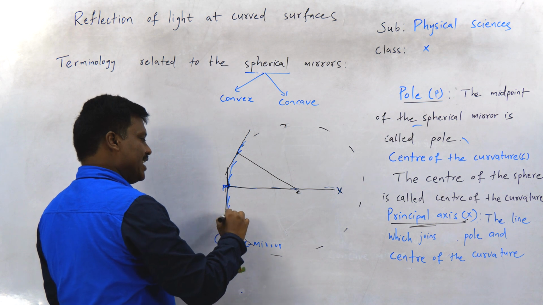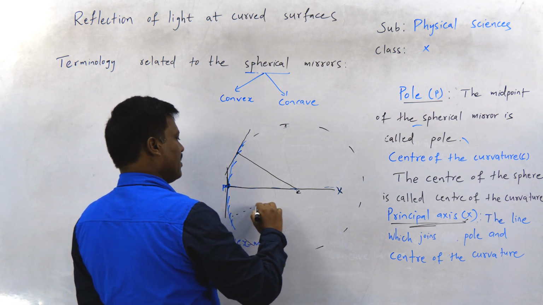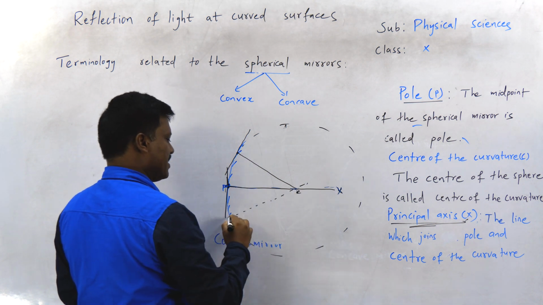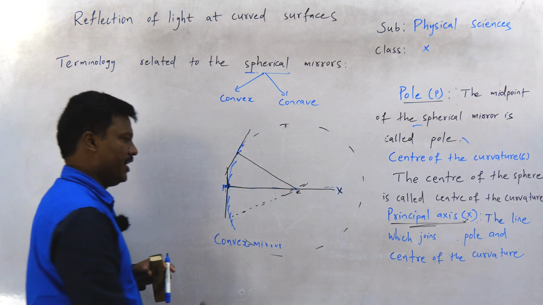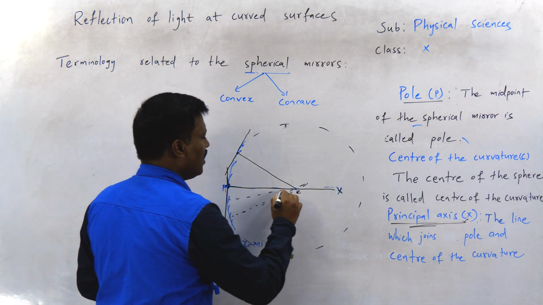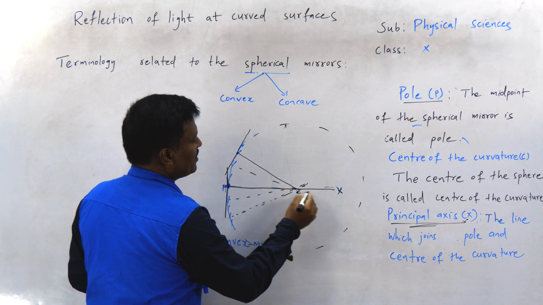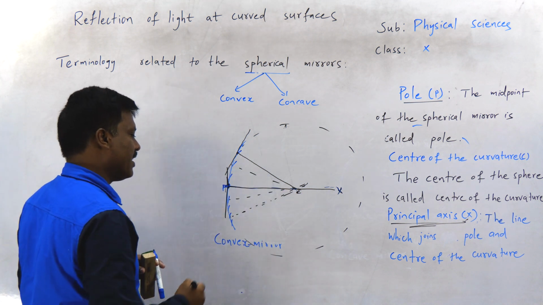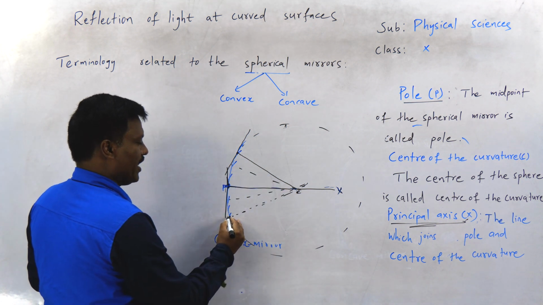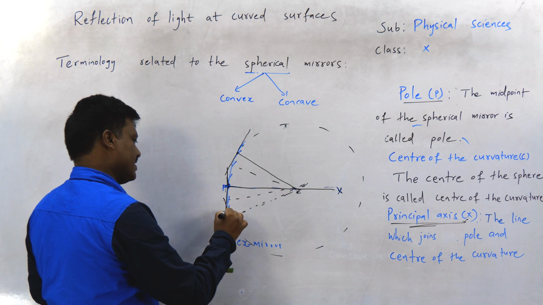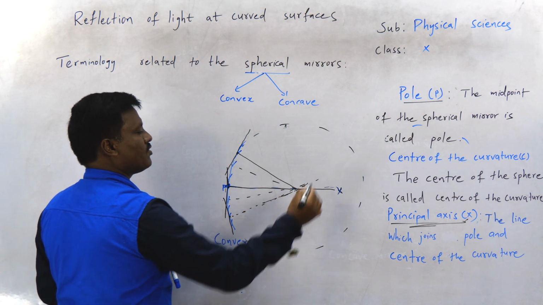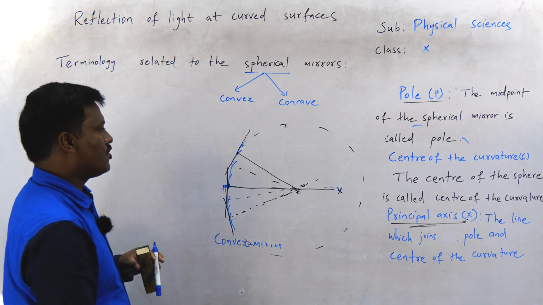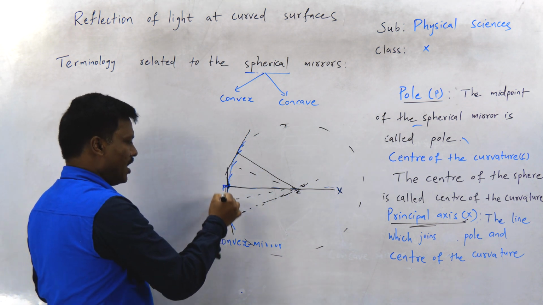Any perpendicular line you draw from the curved surface compulsorily passes through the center of the curvature. How do you understand this is a perpendicular line? Choose one point, draw one tangent there. If you draw the perpendicular line to the tangent, it compulsorily passes through the center of the curvature. So like that, you choose some points on this sphere.